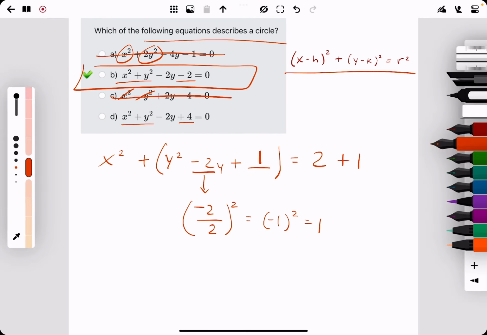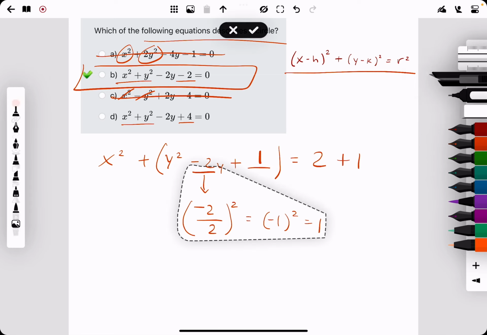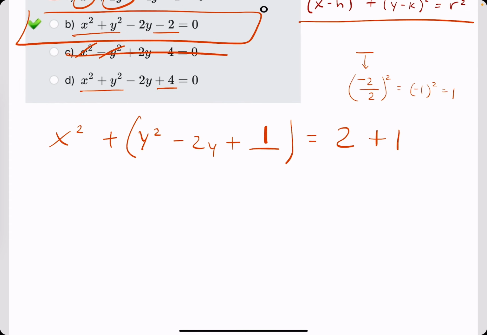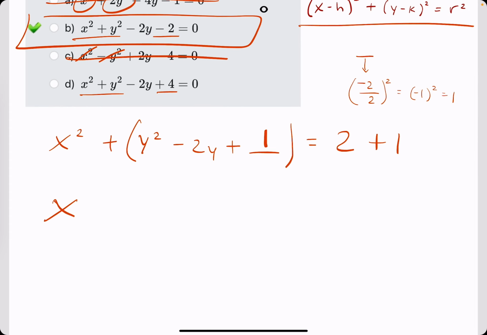Now let's simplify a little bit. We have x² plus, now let's rewrite all of this as y plus or minus something, squared. That something comes from this b value cut in half.